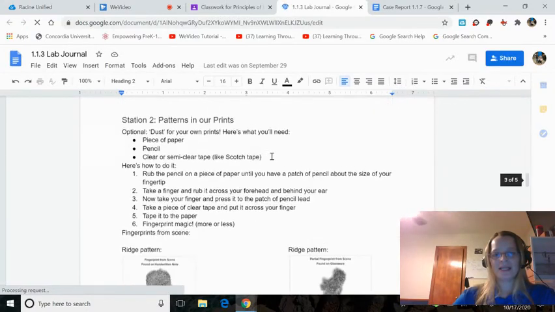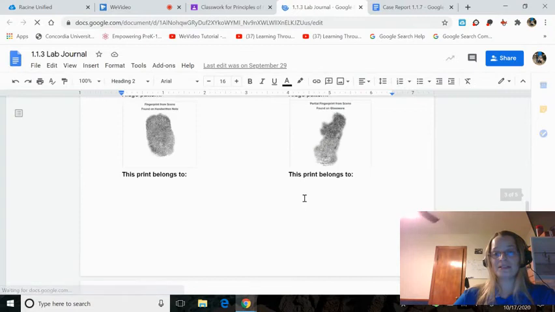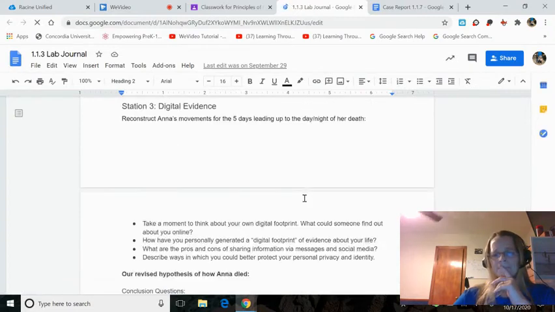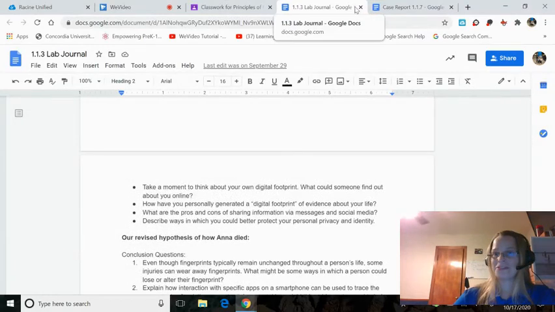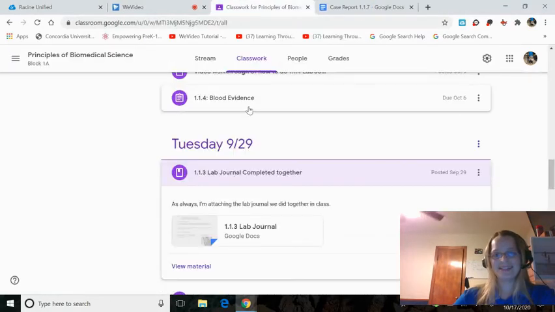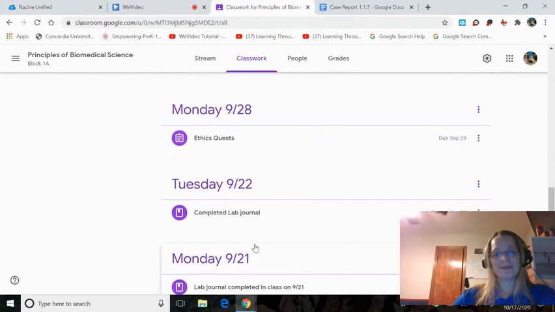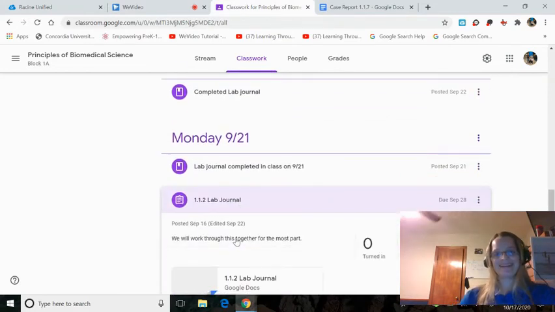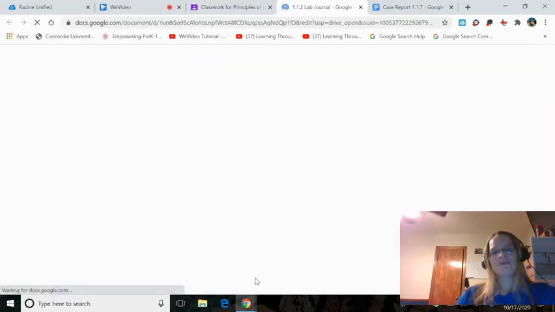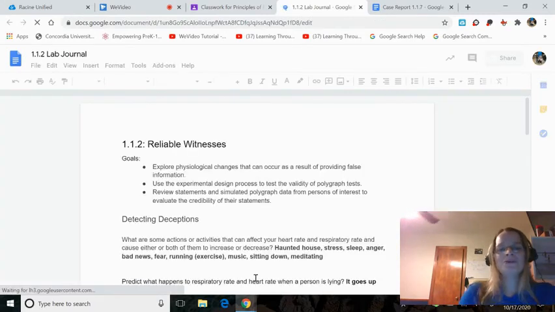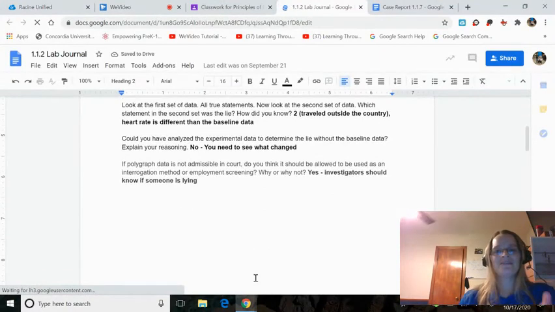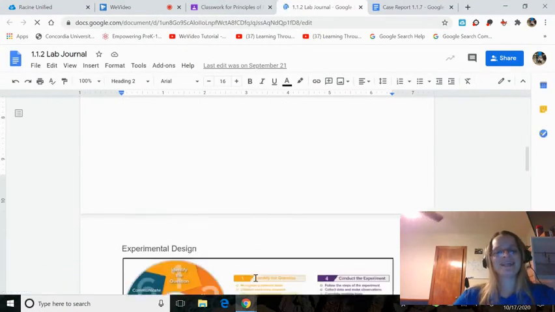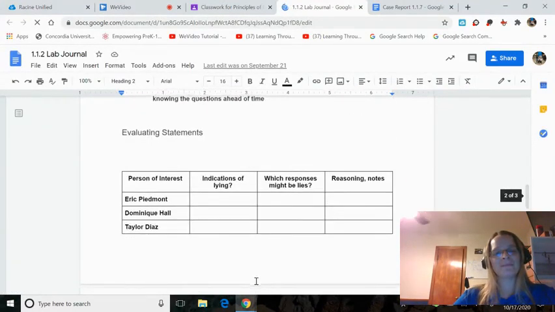And then we looked at fingerprints. Oh, wait. It wasn't 1.1.3, was it? It was probably 1.1.2 then. So look at 1.1.2. Yes, we talked about physiological responses, and we looked at polygraph data.